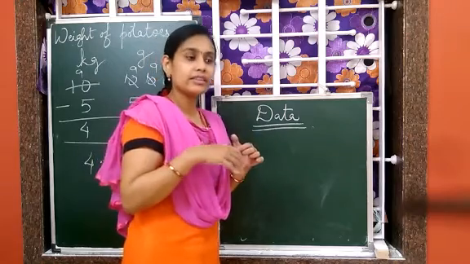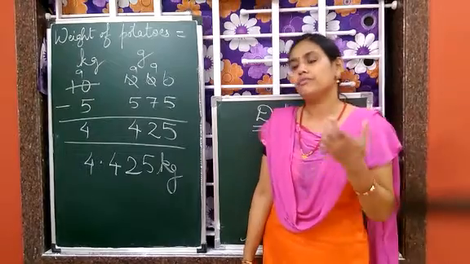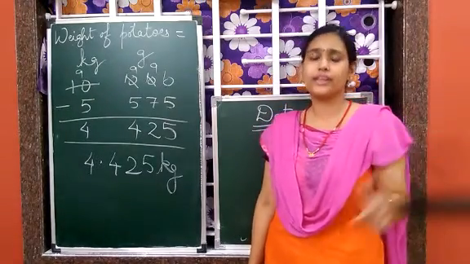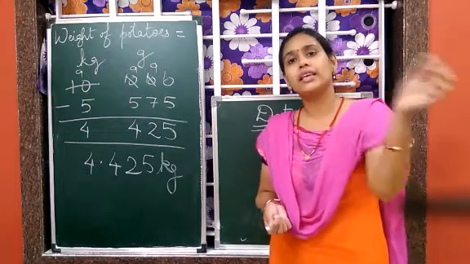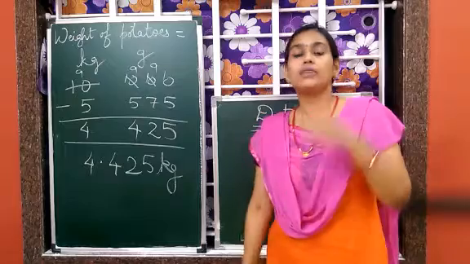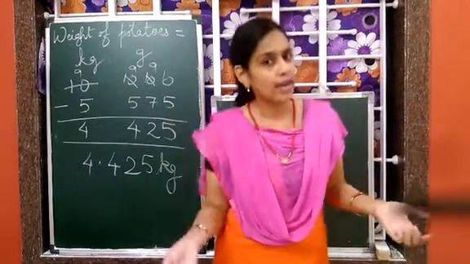Correct? Collect the data means we need to find out, like for example, if I say find out in your class right now the number of pens each child will have. So some will have 2, some will have 3, some will have 5, some will have 10, some will have only 1, some will not have a pen.